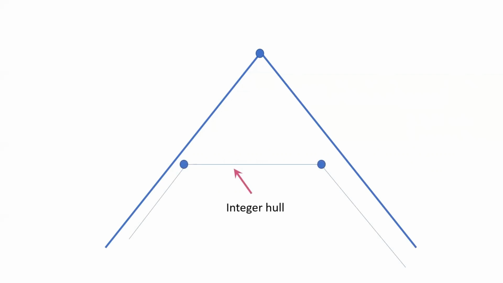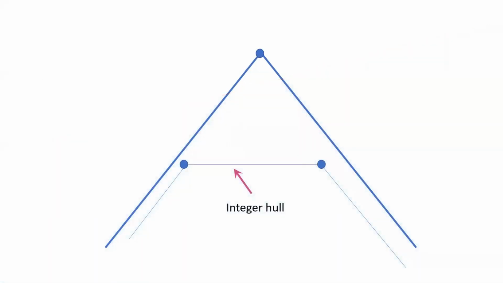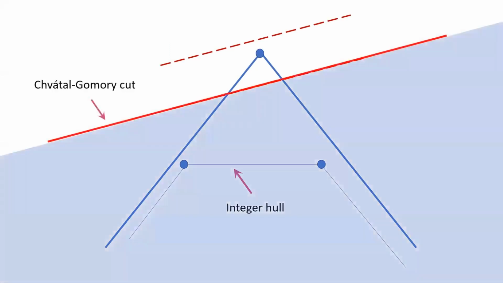We define the effective split cuts as the split cuts that can cut off the apex from the simplicial cone. There are two types of effective split cuts. The first type are derived by the split sets that do not intersect with the interior of the integer hull. In the case of a simplicial cone, this is equivalent to the Andersen-Louveaux-Weismantel-Wolsey cut.